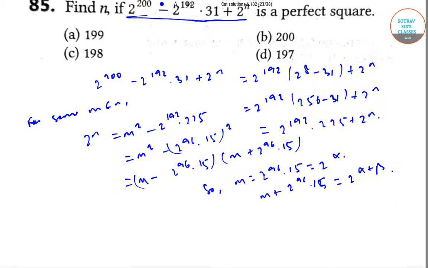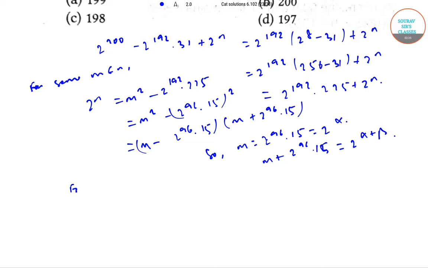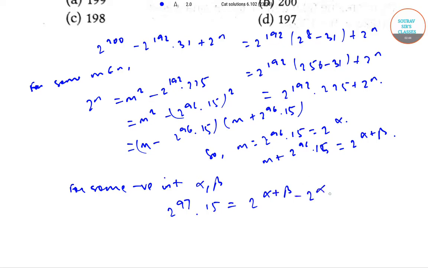Now, for some non-negative integers alpha and beta, 2^97 × 15 is equal to 2^(alpha+beta) − 2^alpha.